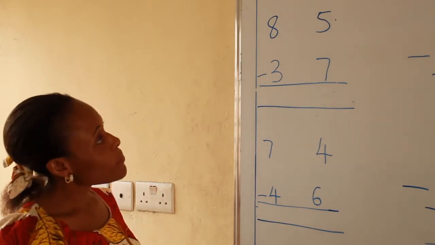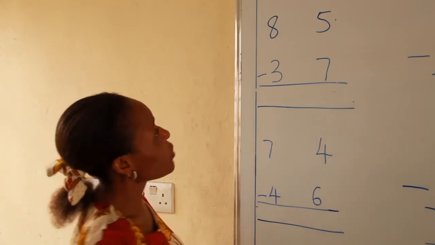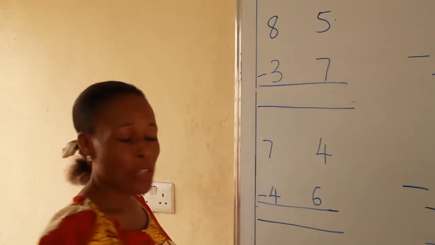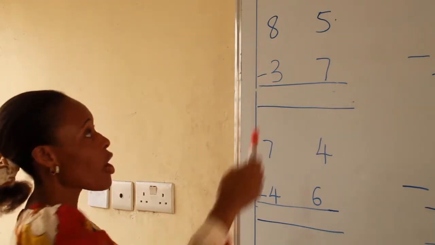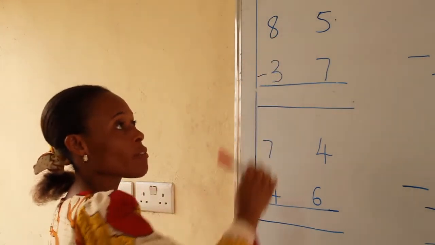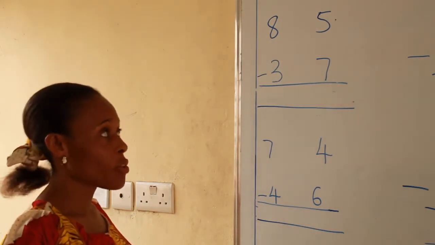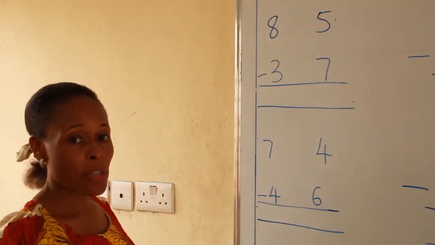Okay. I'm going to teach you how. So this is number 5. Can you subtract 7 from number 5? No, please. So all you need to do is go over to number 8. Don't forget, I said dynamic subtraction involves borrowing over a number.